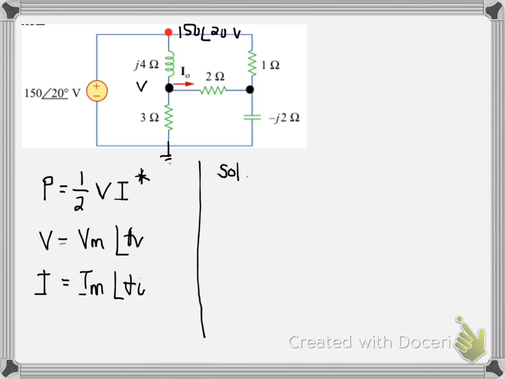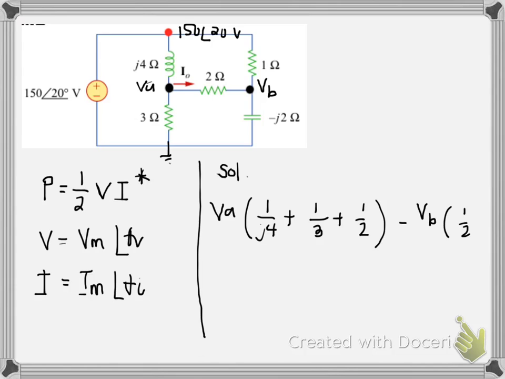I would denote this as VA and this one as VB. For VA, our equation, we have 1 over J4 plus 1/3 plus 1/2 minus VB, the neighboring node, we have 1/2. And don't forget the supernode, 150 angle 20 times 1 over J4 equals 0.